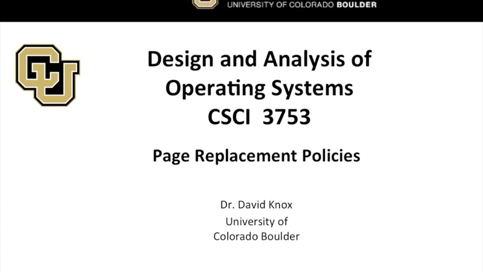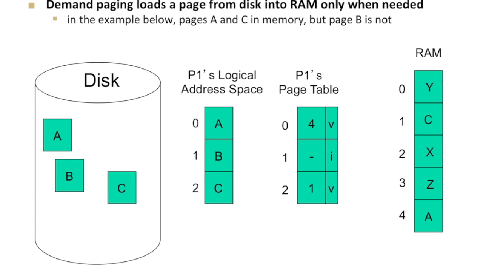We've been talking about virtual memory and paging, and now we're going to talk a little bit about page replacement policies. You remember we have data in RAM, we have the logical address space for a process, and we have that process's page table.